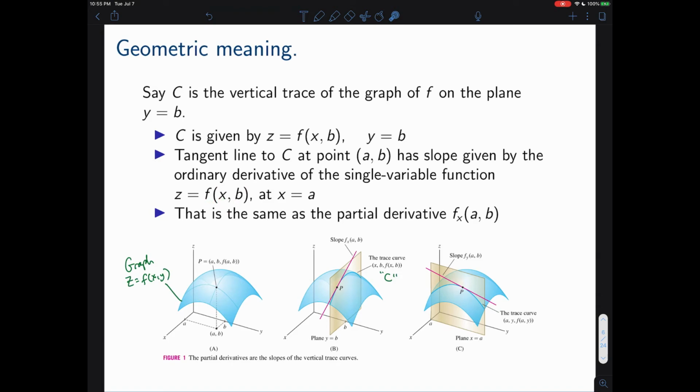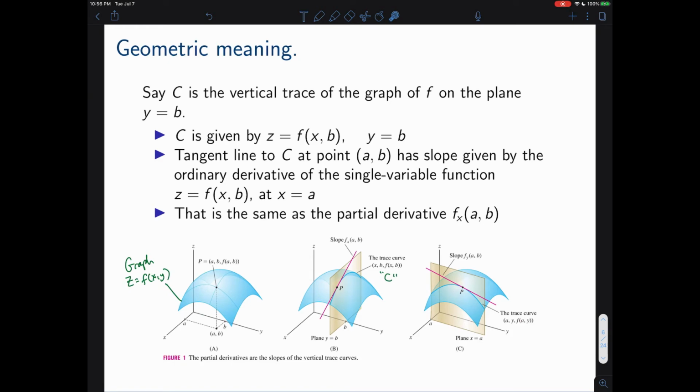So the slope is given by the derivative of this function f of x, b, where x is a variable and b is a constant. But taking a derivative of this function f of x, b is the same thing as doing the partial derivative fx, or with fraction notation, partial f over partial x.